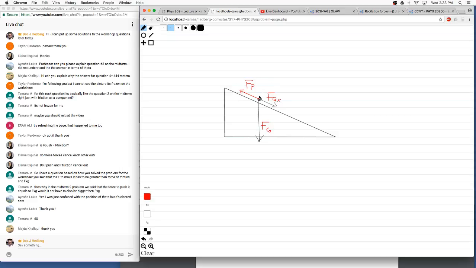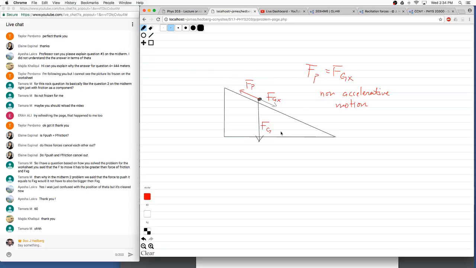Our force push has to exactly equal Fgx in order for us to have non-accelerative motion. This would enable us to move the boulder at a constant velocity, as long as we pushed with the same force as Fgx. If we pushed more than Fgx, then we would start accelerating up the hill.